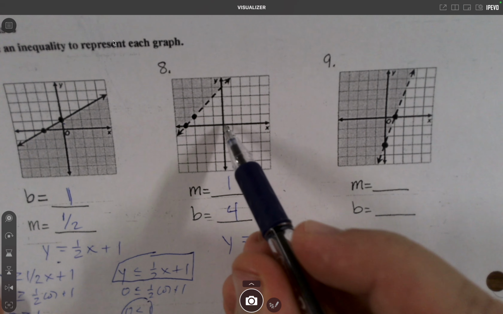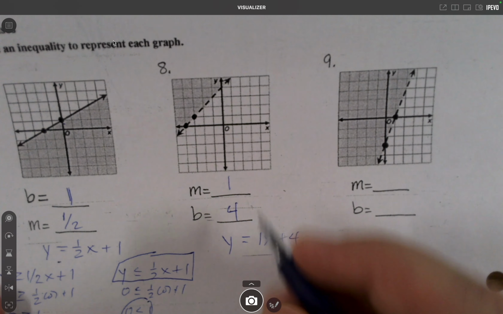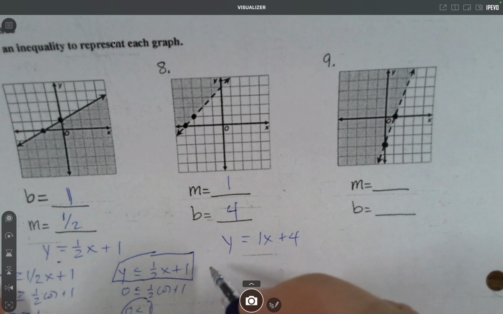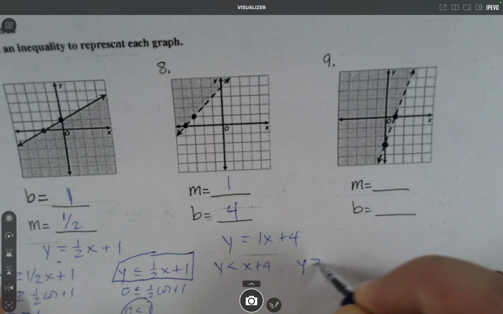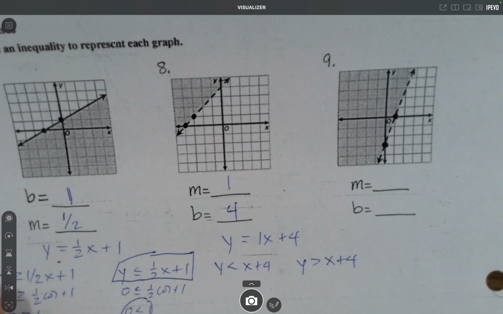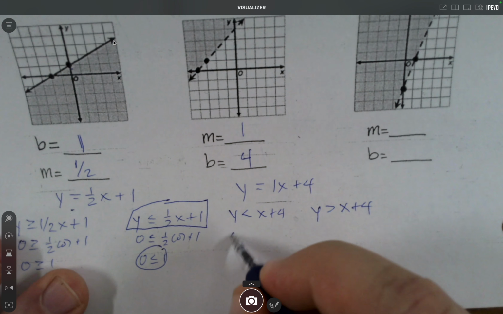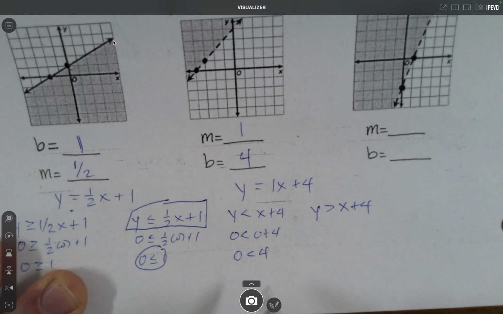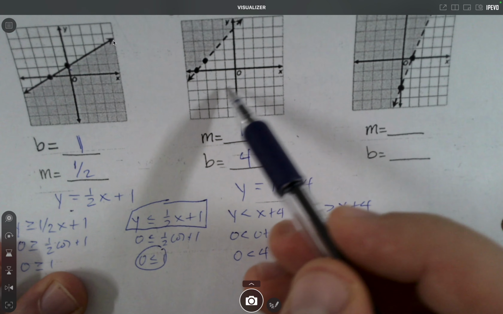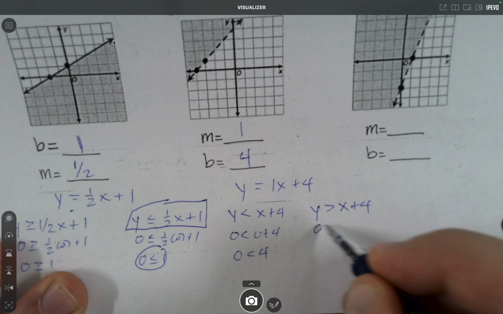Now we want 0, 0 to turn out false. And since it's a dotted line, we know it's either less than x plus 4 or greater than x plus 4. So when I plug 0, 0 in here, I get 0 is less than 4. That's true, but we don't want 0, 0 to be true because they didn't shade in the side of 0, 0.